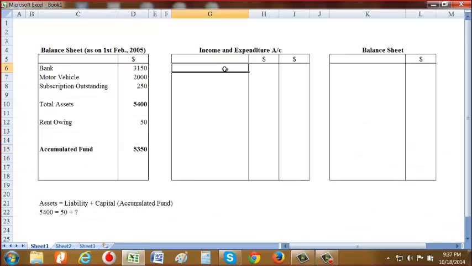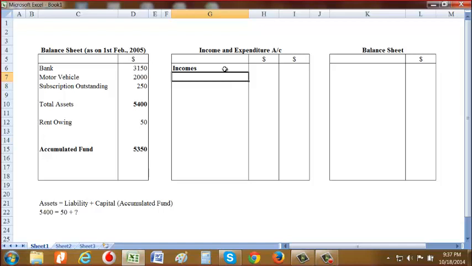In the income and expenditure account, first I will record income. So see my income. You will get to know income from where? From the receipts and payments account, from the receipt side, isn't it? Because income we will be receiving.